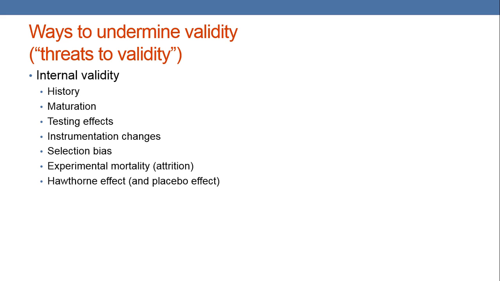Experimental mortality, which is often thought of as attrition out of the study, is something that we also worry about a lot in intervention studies in healthcare. In a regional specialty center like our hospital, one of the challenges we have is that our patients come here for a part of their services and will go back to their primary care provider or to another specialist even in another city for the rest of their care.